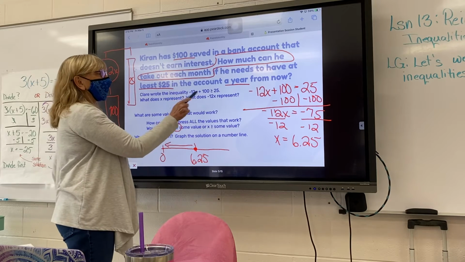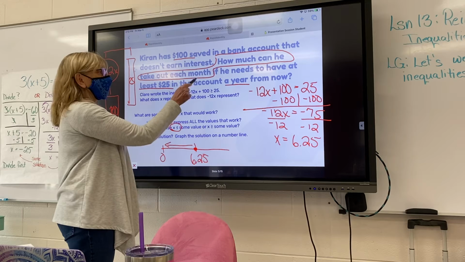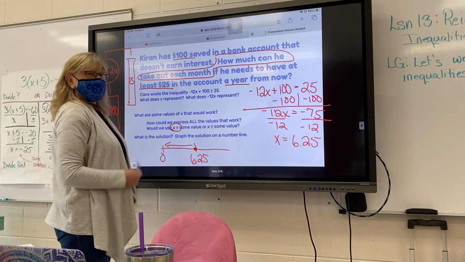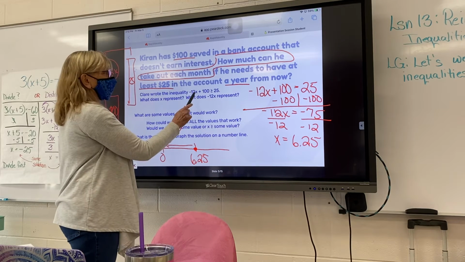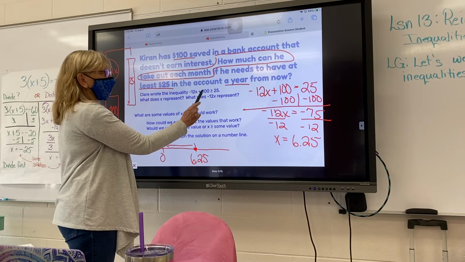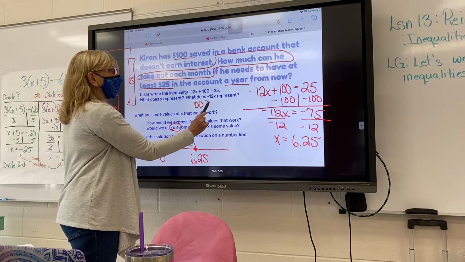I pick a value that's on one side and plug it back into the inequality. The easiest thing to pick is 0, because when you multiply by 0, you get 0. So then all I'm left with is 100. So my question is, is this a true statement?